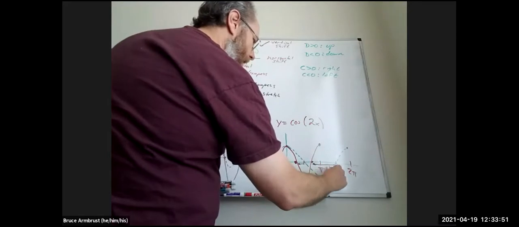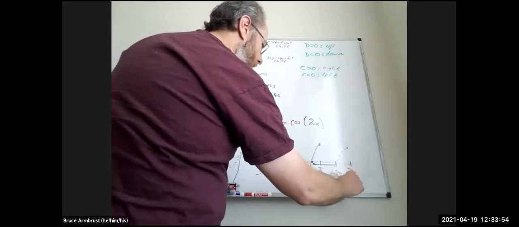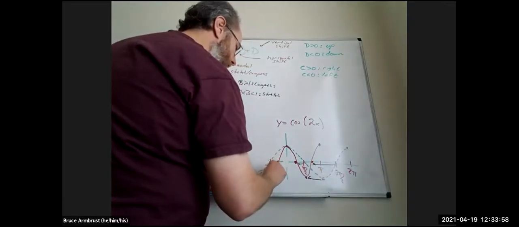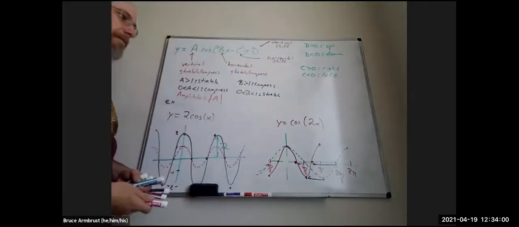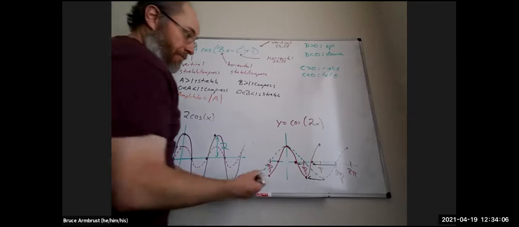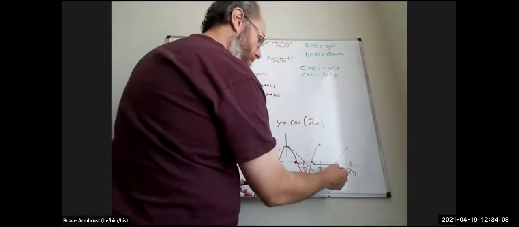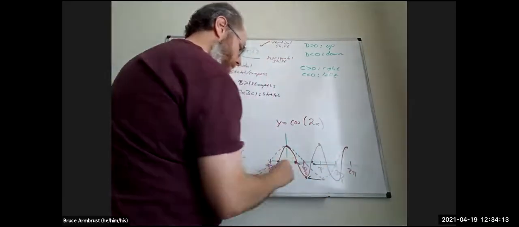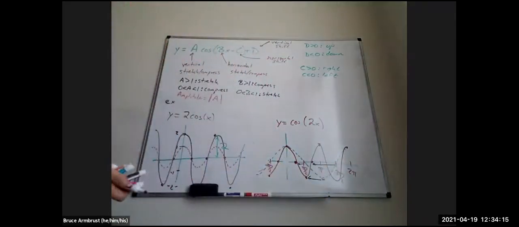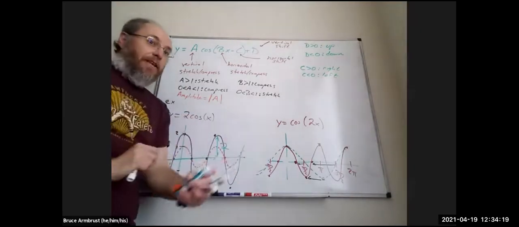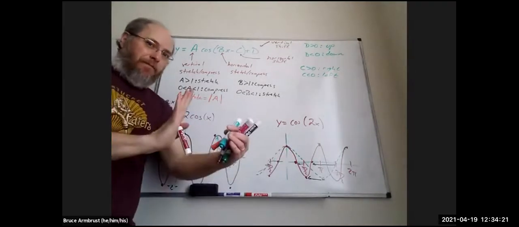This was pi, 3 pi over 2, pi over 2, minus pi over 2, and so on. Notice that this graph looks significantly different now. It's all been pushed in. So think like a spring that's been pushed in together.